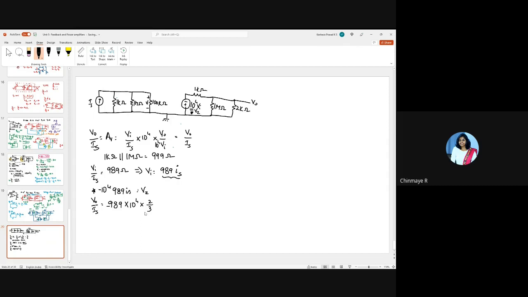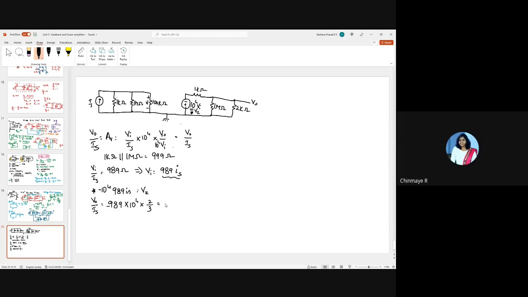Assuming that 1 mega ohm is too large and 1 mega ohm in parallel with 2 kilo ohm is approximately 2 kilo ohm, with that approximation you get V0 by IS equal to this much. So how much will this come up to? Minus 659.33 into 10 power 4.